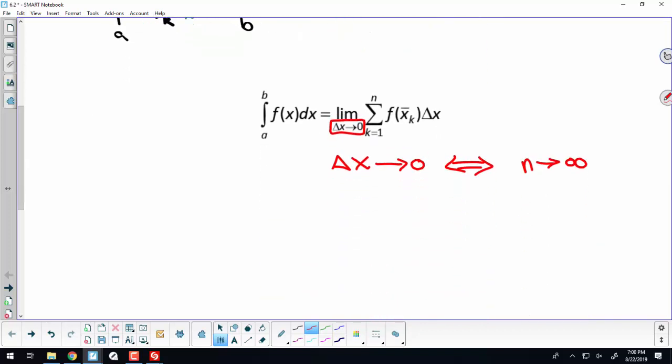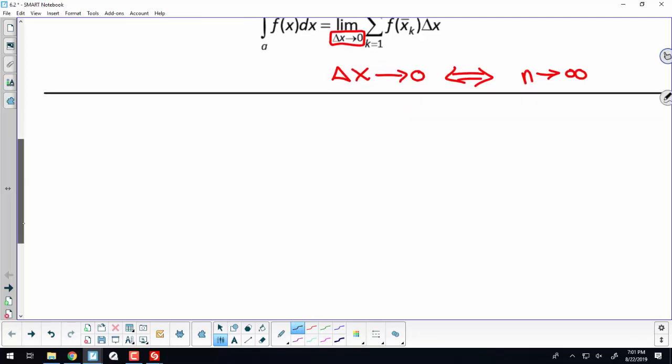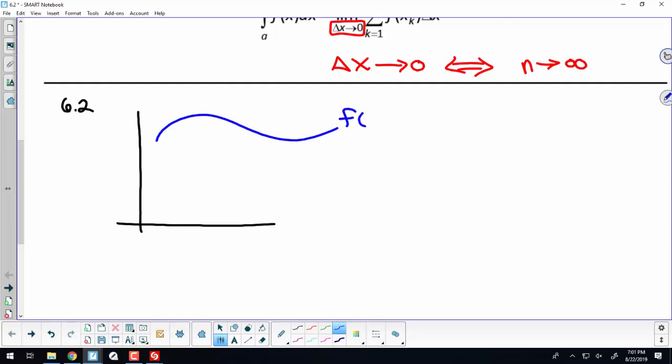But we're shifting our focus here in 6.2 to a more broad picture. Instead, what we're looking at is a function f of x and another function g of x.